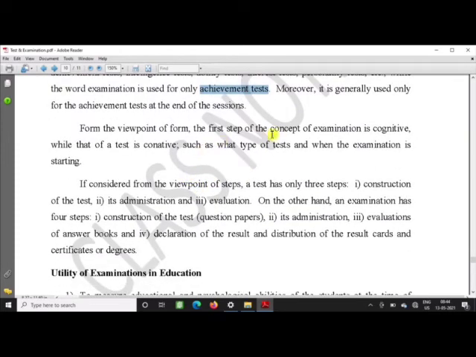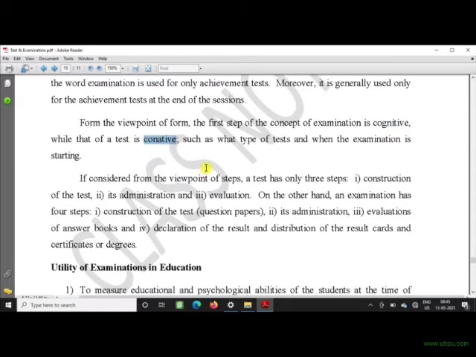From the viewpoint of form, the concept of examination is to measure cognitive ability, while that of test is cognitive. So to measure cognitive ability is examination, and to measure cognitive ability is test. This is what this particular thing says.